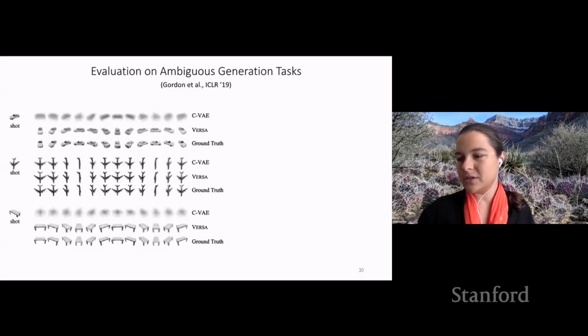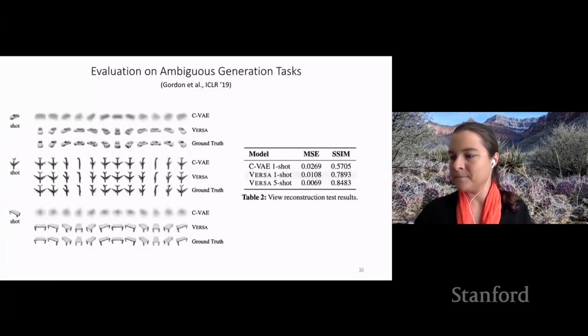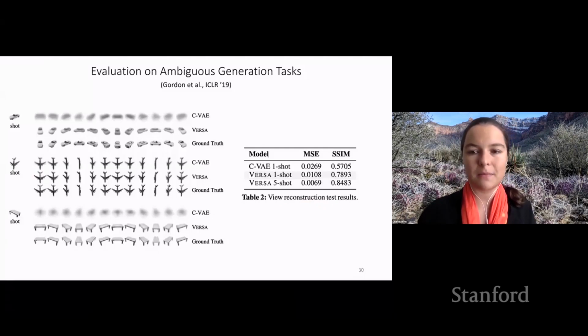And by representing uncertainty with the Versa approach, which is a method actually similar to one of the things that we talked about today, it can represent this uncertainty in a much more crisp way than a more naive approach. And this also leads to better reconstruction accuracy because this is an ambiguous few-shot learning problem.